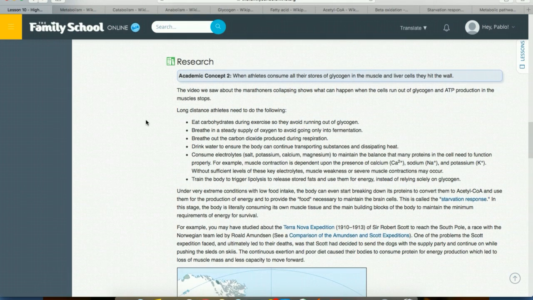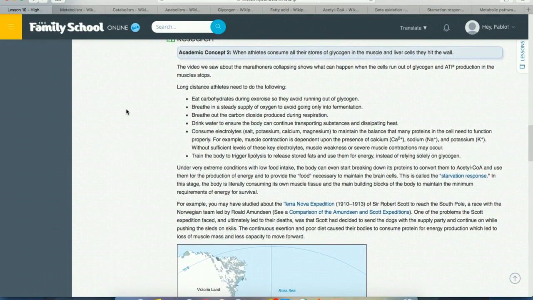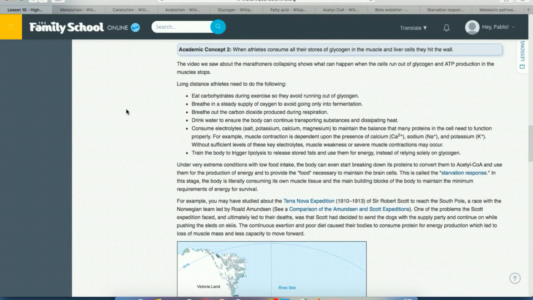Let's see the next concept. When athletes consume all their storage of glycogen in the muscle and liver cells, they hit the wall. I remember that, not only by seeing the video, but I have experienced that a couple of times during some long runs and cycling trips. Hitting the wall is not fun.